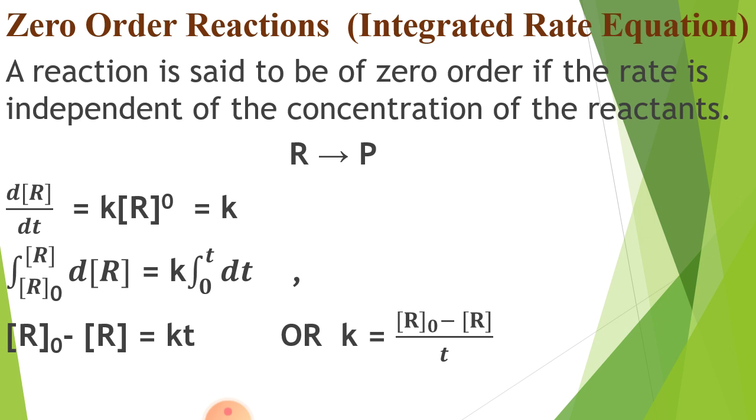K equal to R naught minus R divided by t. Again R naught is the initial concentration and R is the final concentration after time t. So you have to memorize this formula so that it helps you solve questions related to zero order reactions.